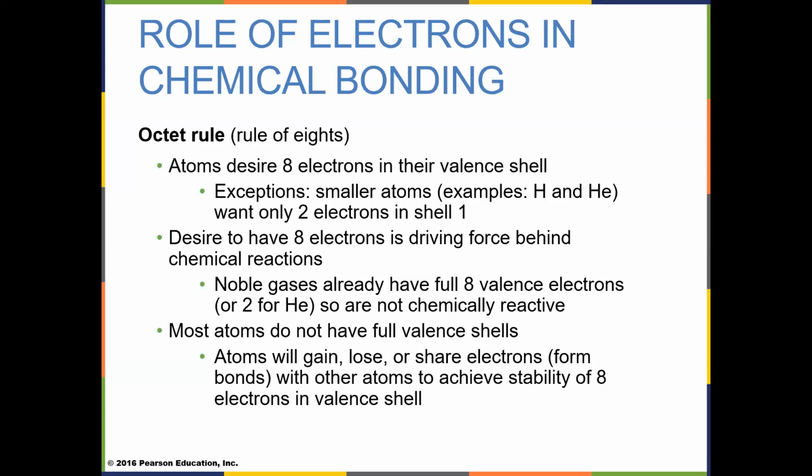After all, while each electron has one negative charge and they balance the protons in the nucleus, if you've got 10 protons in the nucleus, that's a lot of positive charges pulling on those two little electrons in the first shell. And so they're busy trying their very best to keep from getting sucked in.